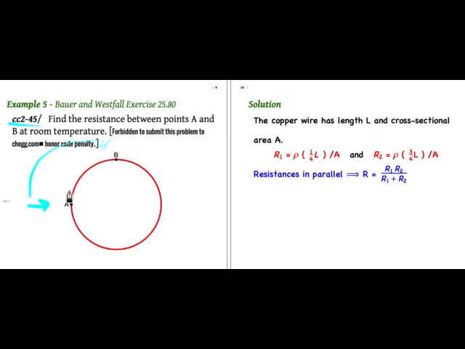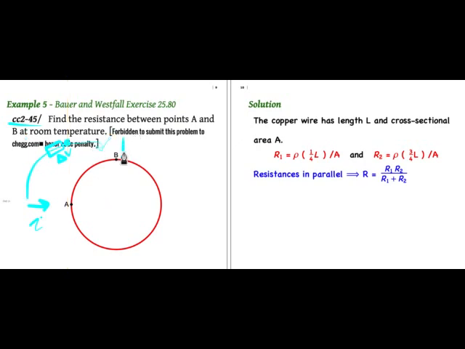So here's some kind of battery or something which will drive a current. There's some potential difference, and there's some current going in here. Oops, I have this wrong.